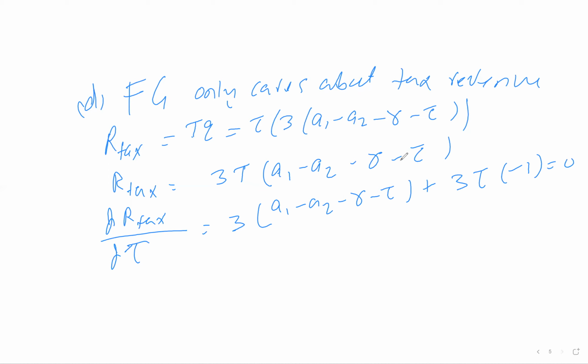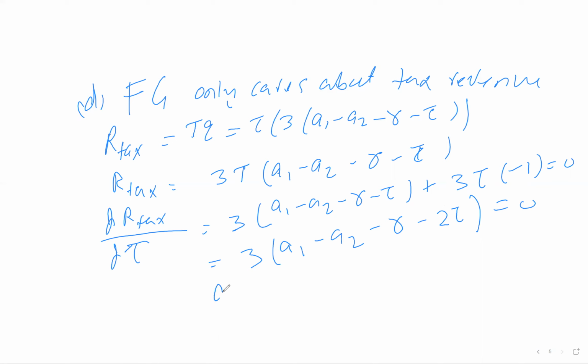Because the derivative of minus tau here is minus 1. So don't forget, because this little minus sign could make a big difference in your answer. So we do some simplification: 3 times (A1 minus A2 minus gamma minus 2 tau) equals 0.